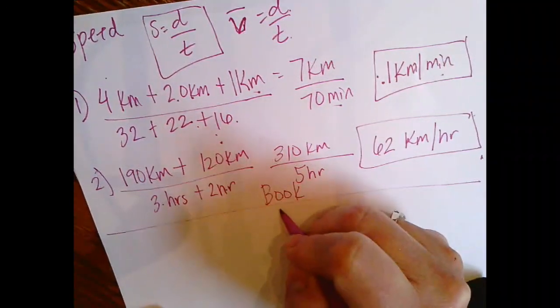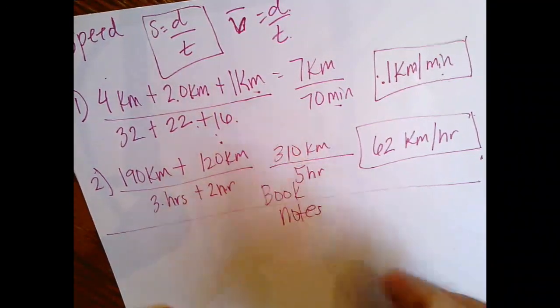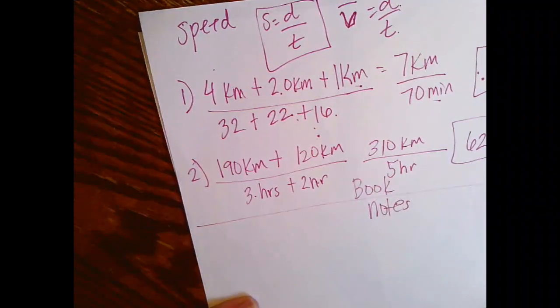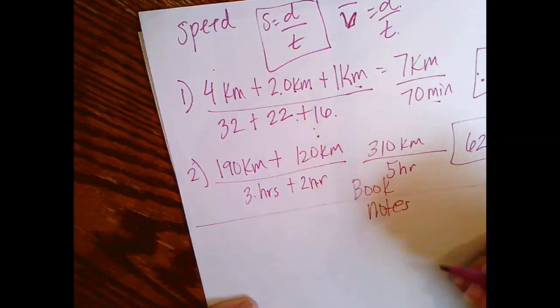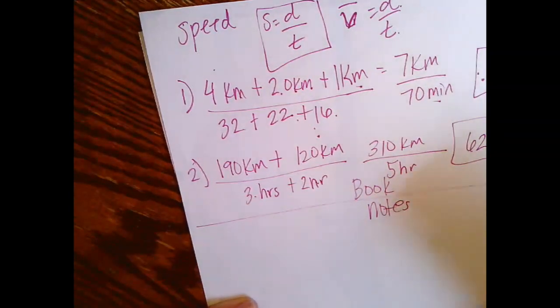This is in your notes. It says a car travels 85 kilometers from town A to town B, then 45 kilometers from town B to town C. The total trip took 1.5 hours. What's the average speed of the car?